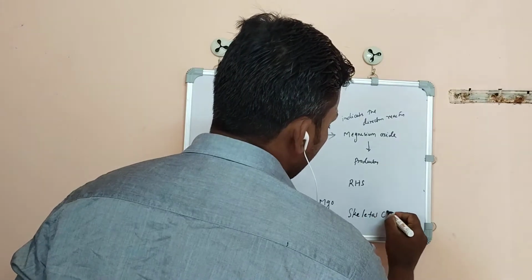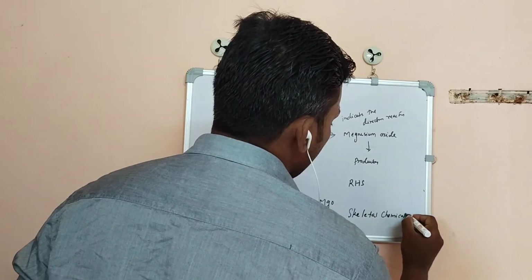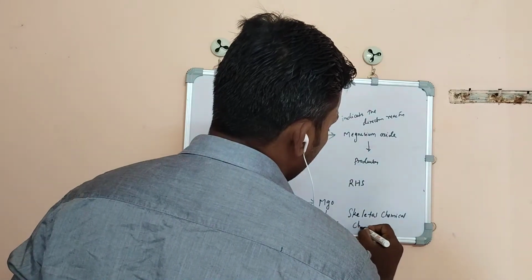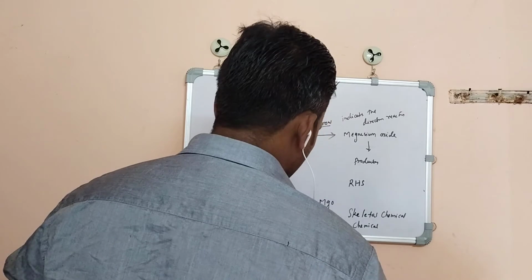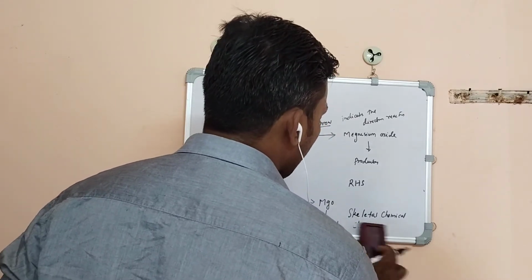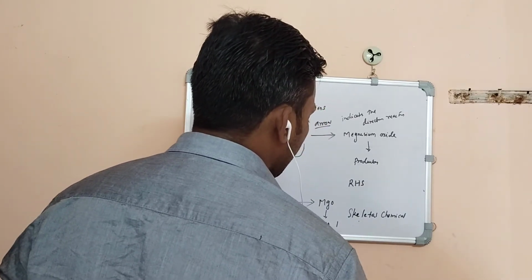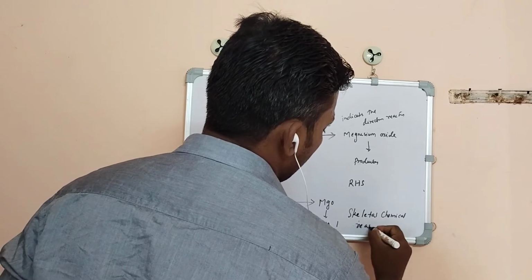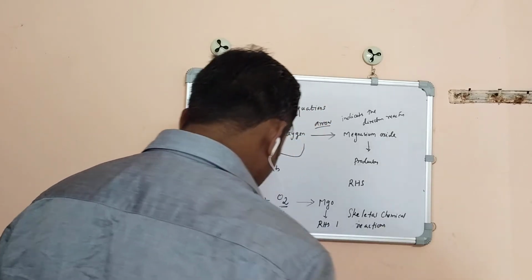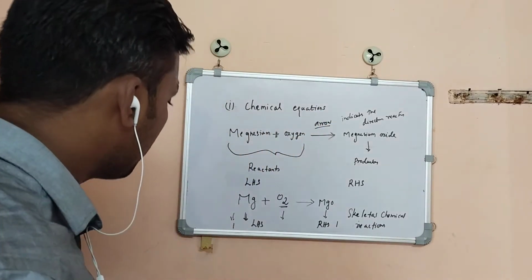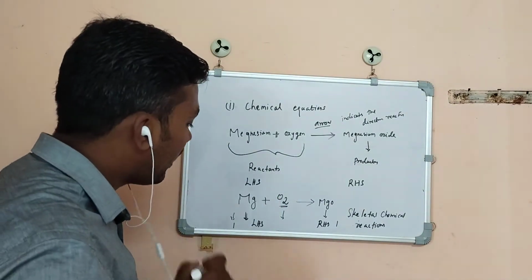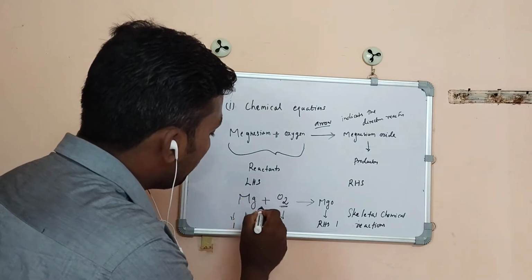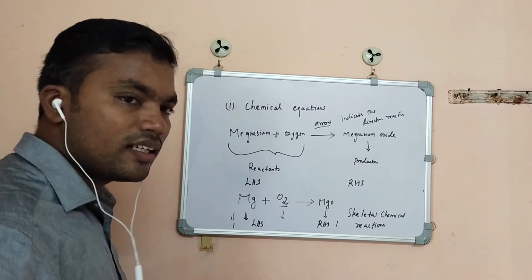Skeletal chemical equation. This type of reaction is a skeletal chemical reaction. You can count the atoms on the reactant side as well as the product side.